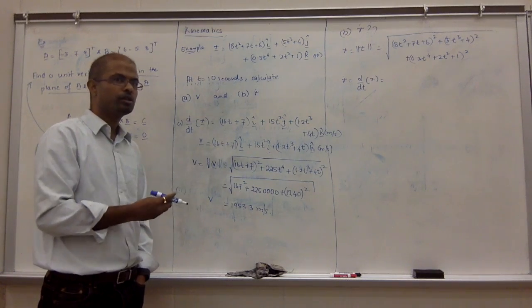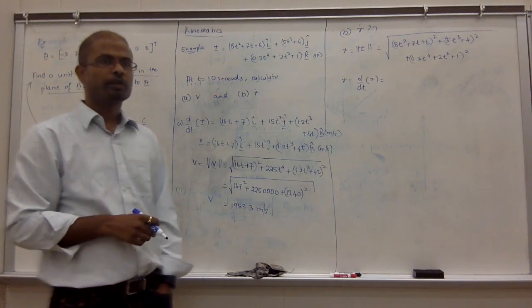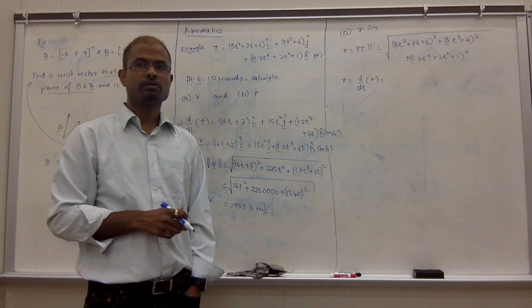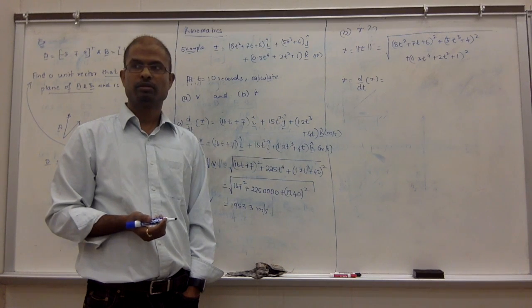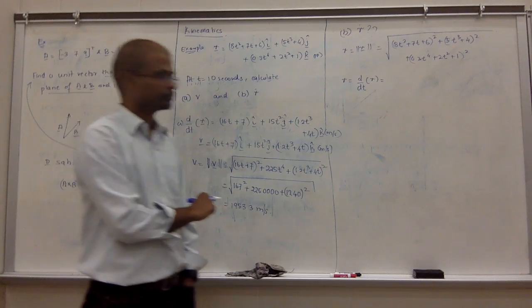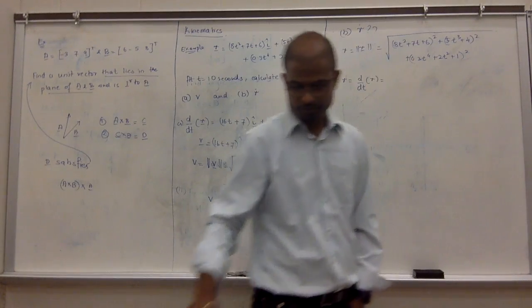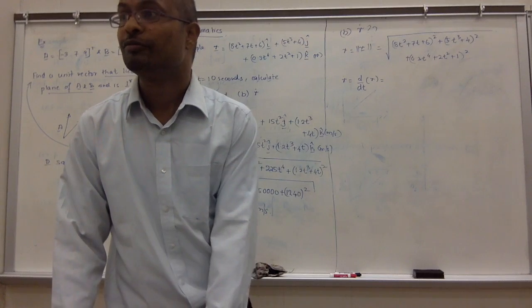I just use v instead of this. So when you take the derivative of position, it is velocity. When you take the derivative of velocity, you are going to get acceleration. So both these answers are the same?